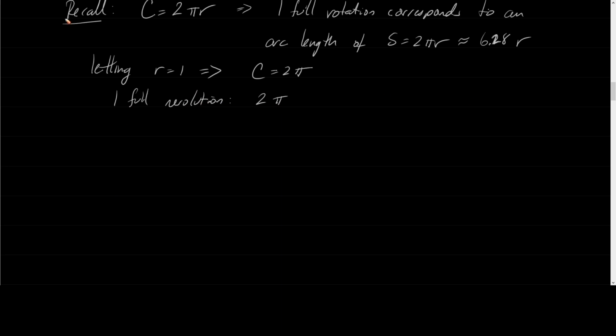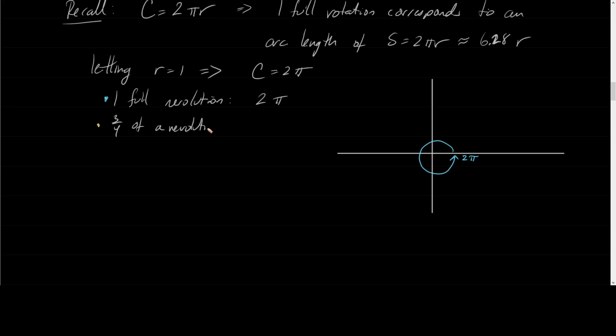So in terms of angles, I will draw it here. I'll do this one in blue, we're going to say that one full revolution is equal to 2 pi. If I said here in yellow, 3/4 of a revolution, we can see graphically what that would be already. 3/4 of a revolution, we would stop there.